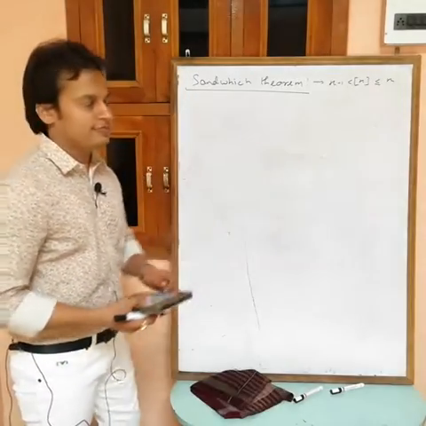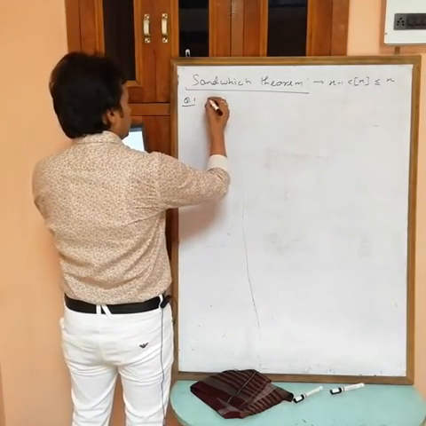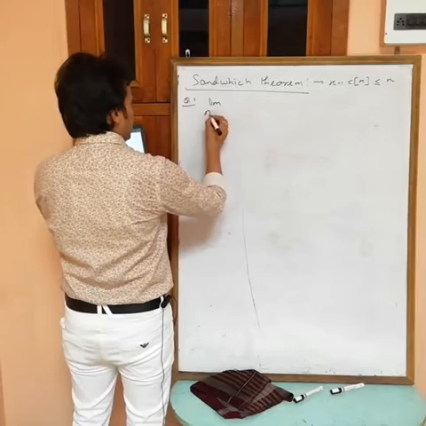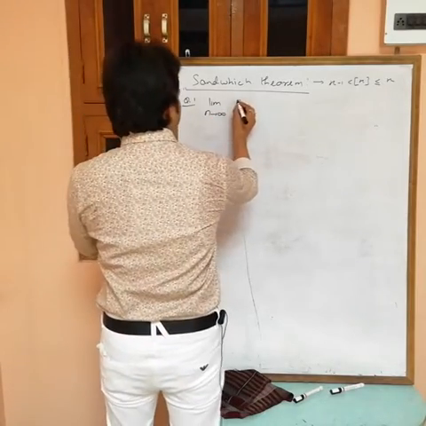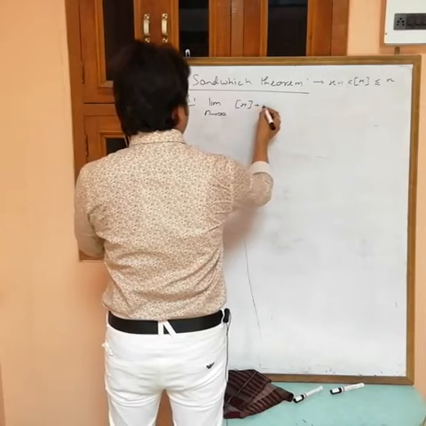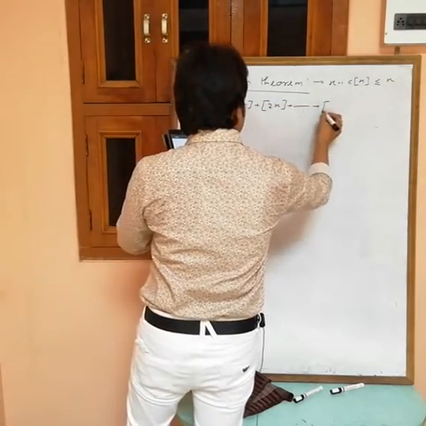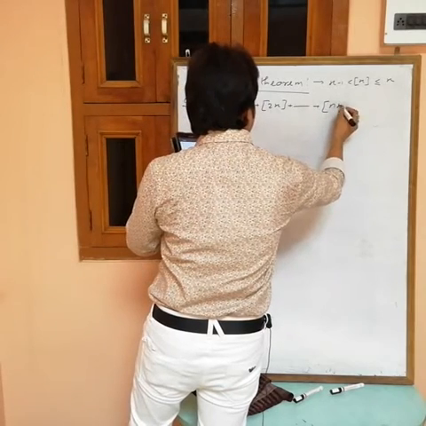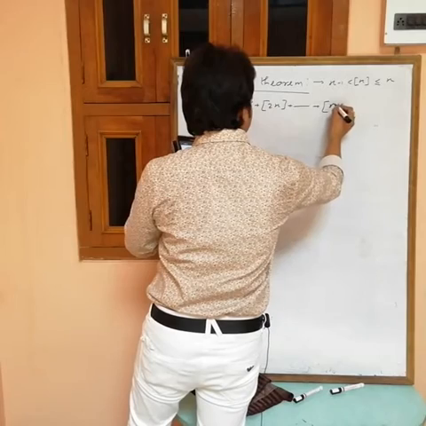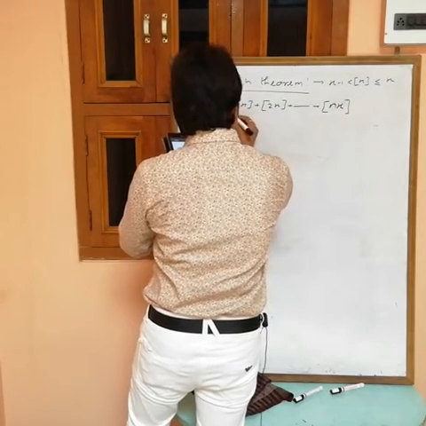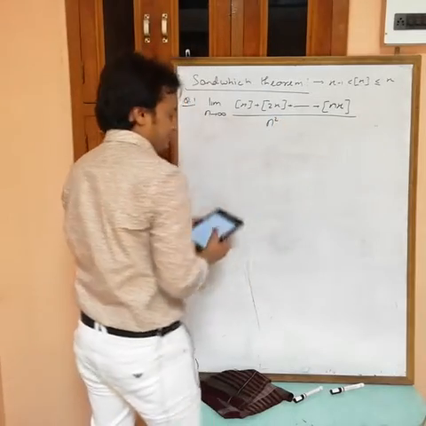Now the first question: find the limit as n tends to infinity of greatest integer of x plus greatest integer of 2x plus up to greatest integer of nx, divided by n square.